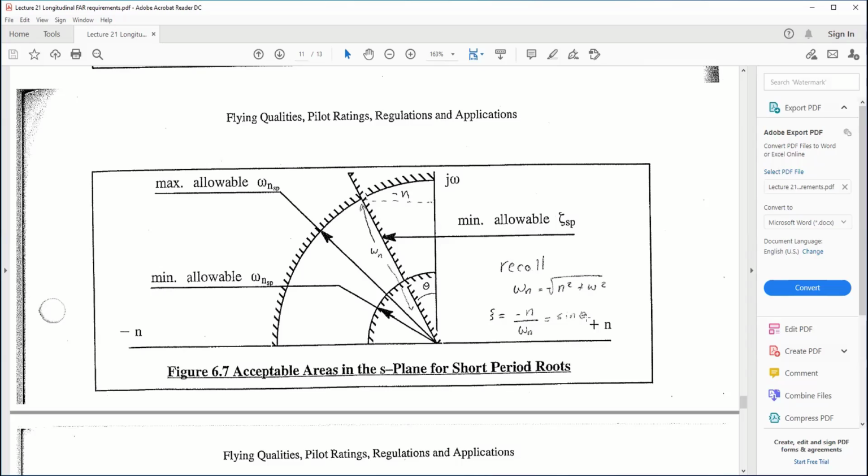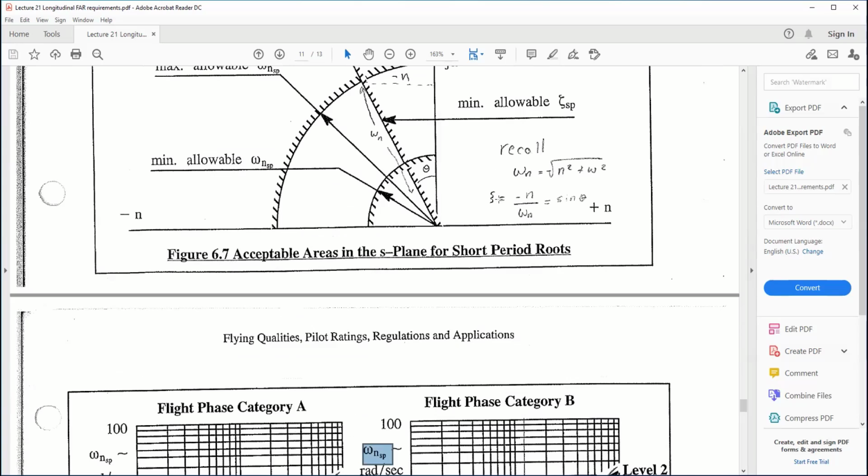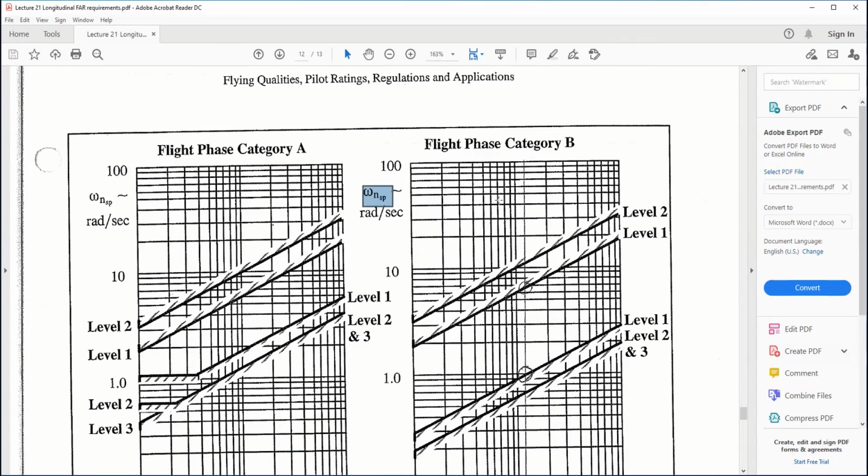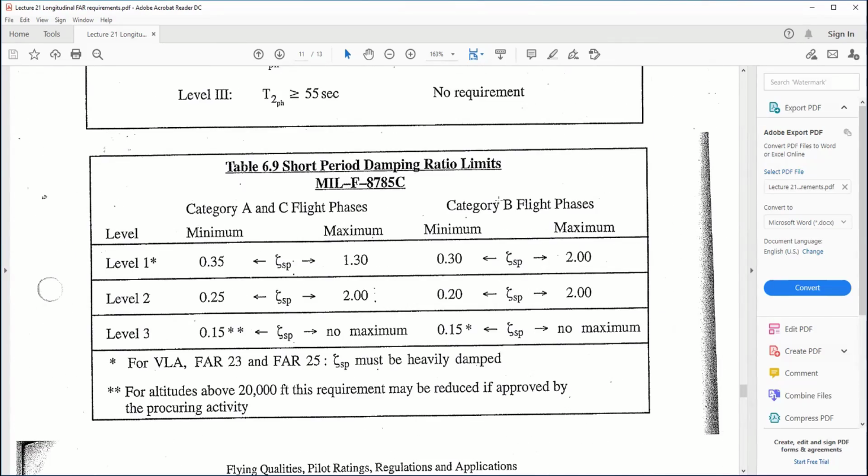And then the sine of this angle is the real part over omega n, and that is the formula for the damping ratio. So you can actually plot the damping ratio limits in the complex plane, and then the damping ratio limit as an angle line away from that. But it's really more straightforward just to go ahead and use this chart here and the chart up here.